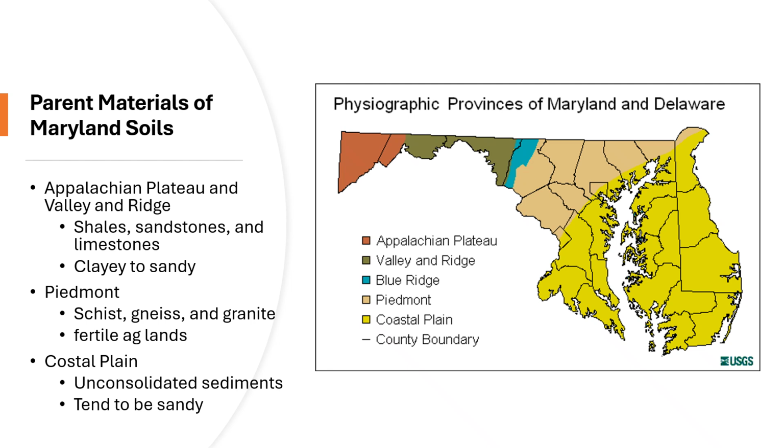This initial recipe ingredient will heavily influence the texture, mineral content, and even the natural fertility of the soil, setting the stage for how climate, organisms, topography, and time will further shape it in a complex and vital living system we rely on. Before moving on to our next factor, let's review a little bit with some questions.